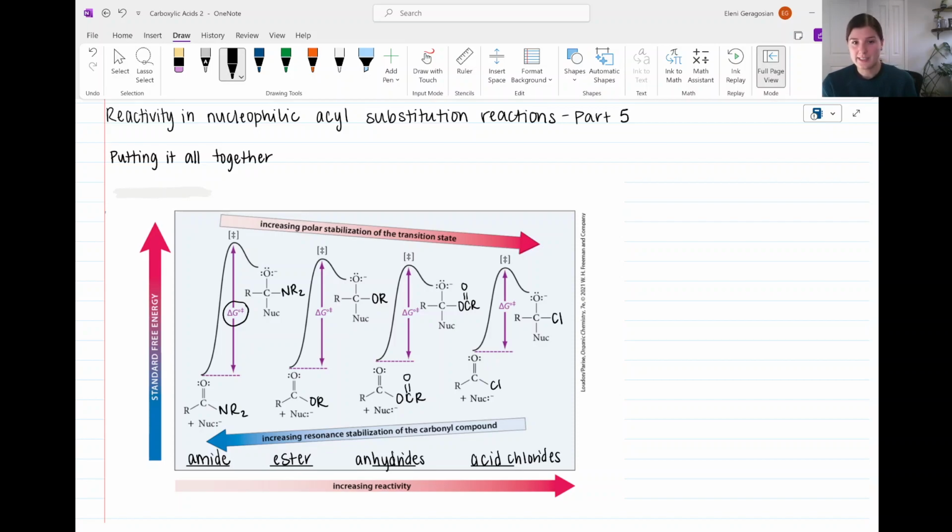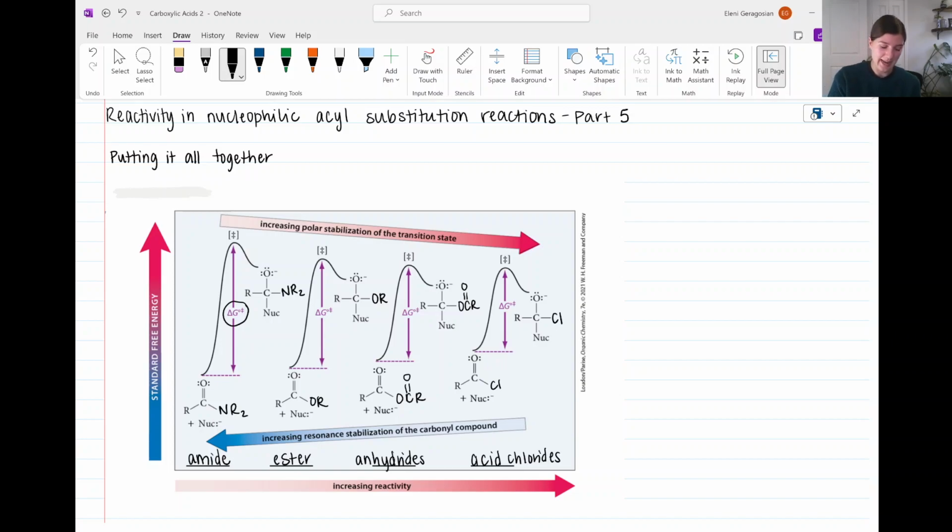Now moving on to esters. The starting material, carbonyl, is a little bit less stable due to less resonance stabilization from the oxygen, and the intermediate is a little bit more stable because it has more polar stabilization of the transition state than amides.